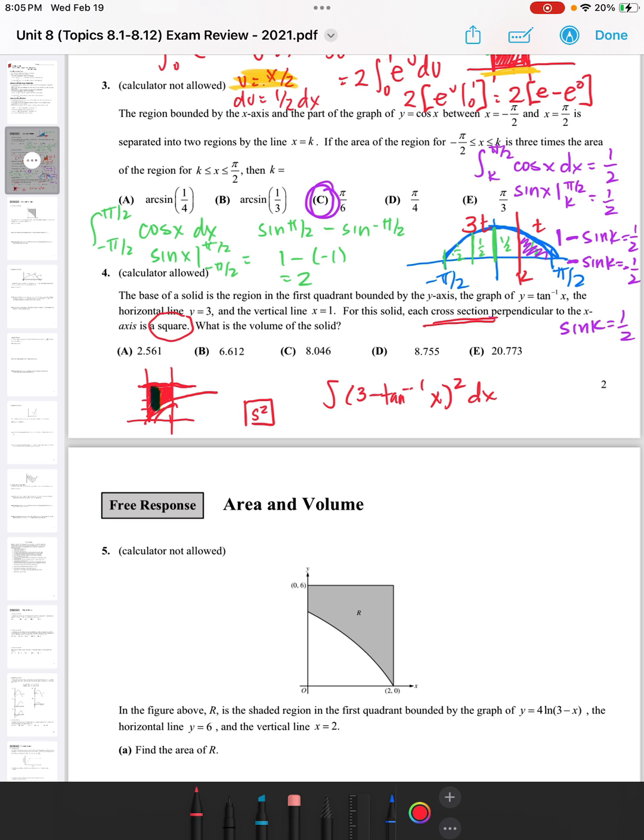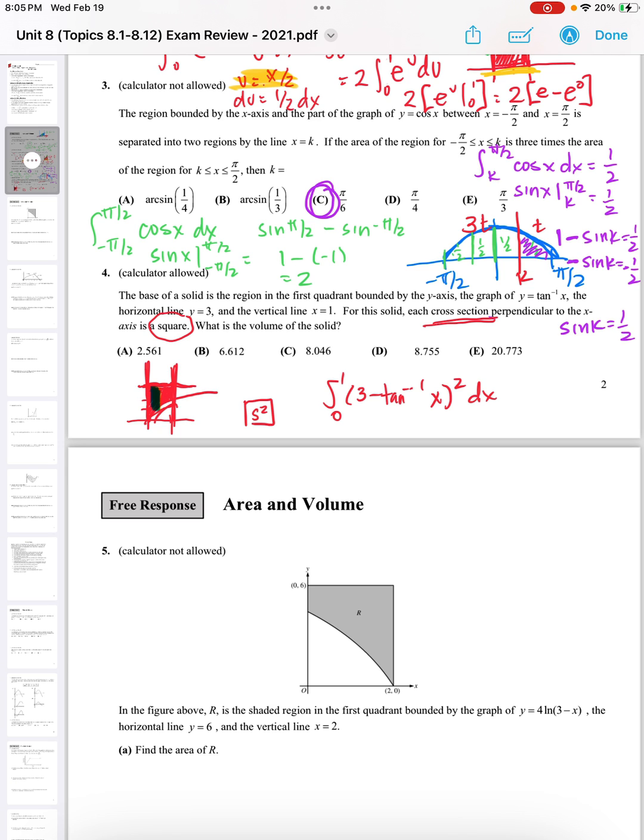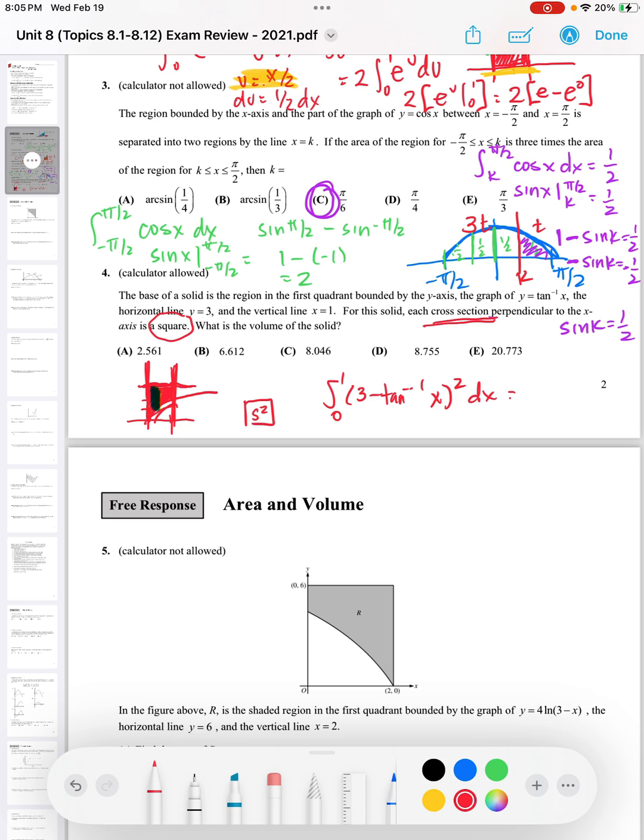Now the integral is going to go from 0 to 1. So we can go math 9 on this one. This one's calculator. Type it in, and we get an answer of 6.612.